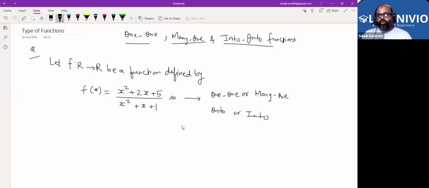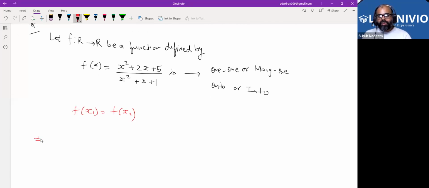So if we try this question, for one-one many-one, the standard rule is f of x1 is equal to f of x2. If we get x1 equal to x2, then we will say that it is one-one. Otherwise, it is not one-one.